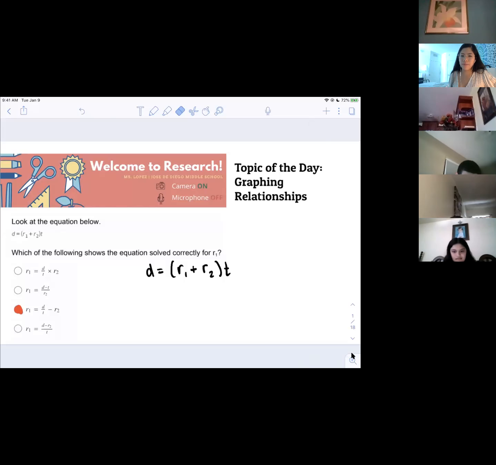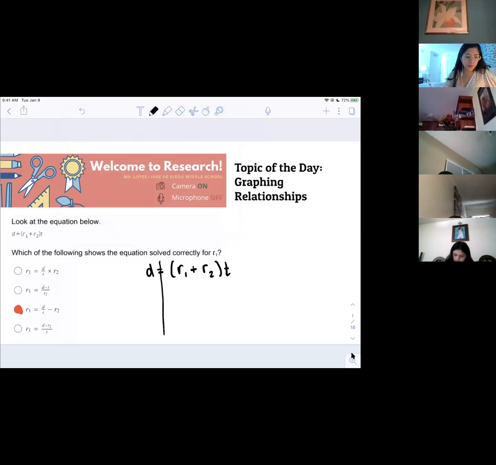Why did you divide? Because you can't do anything to the parentheses, right? So I just took the T out of the equation. Good. So you're trying to basically get rid of the T, because you don't want it there. You want it to go away.